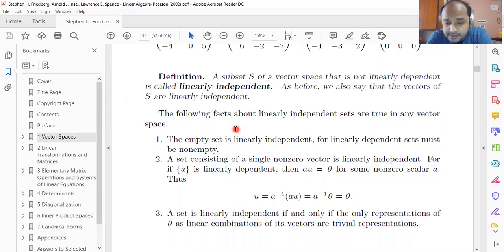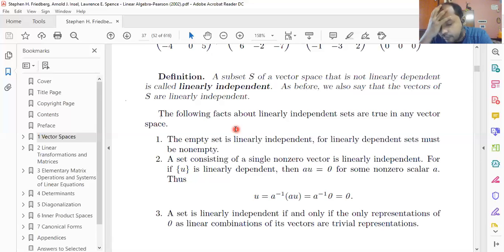linearly independent. Now, in the previous case, we considered the vector space containing only the 0 vector, and that was LD. But if you consider any singleton set where only one vector is present, say U, as they have mentioned, is this singleton set linearly independent or linearly dependent?